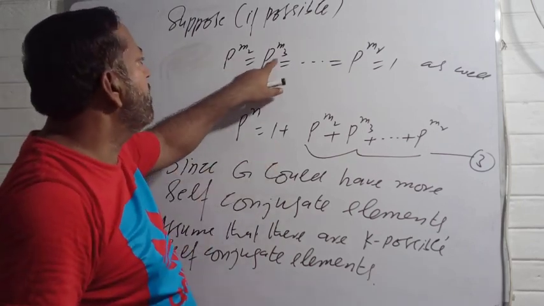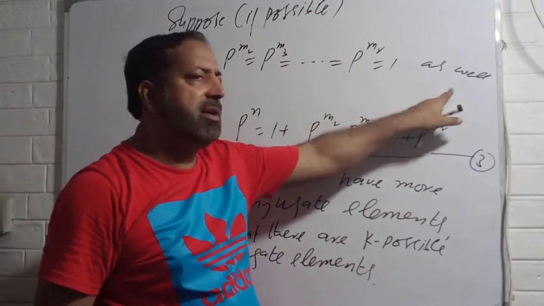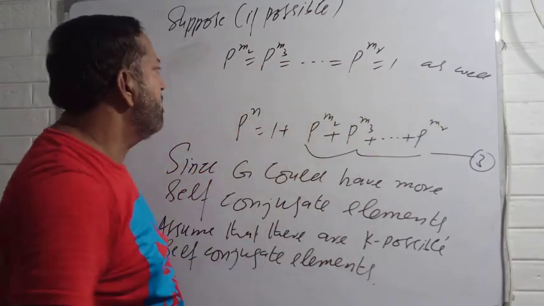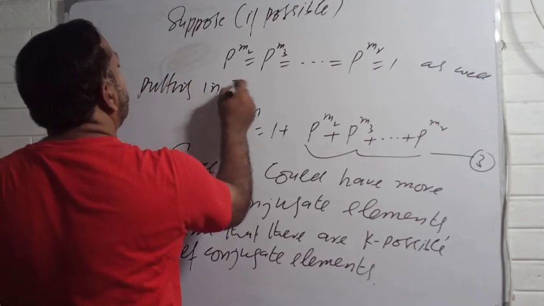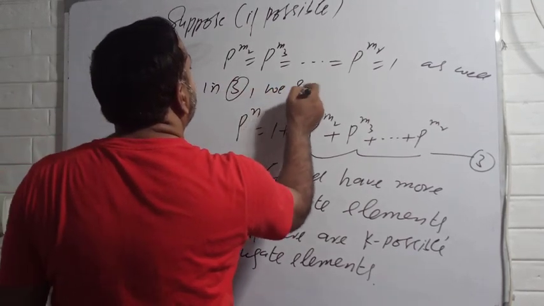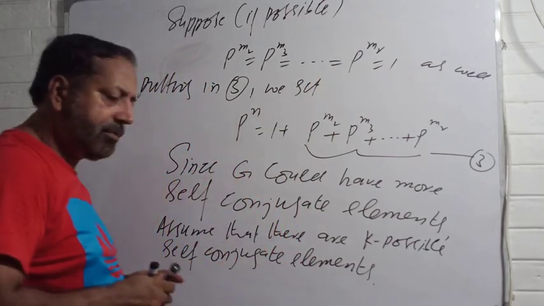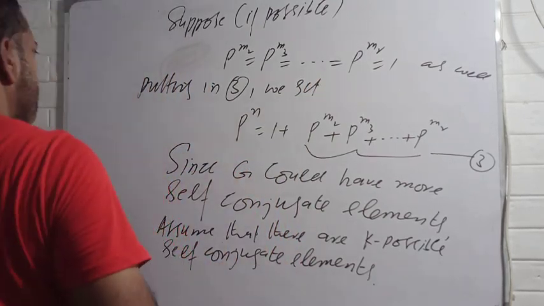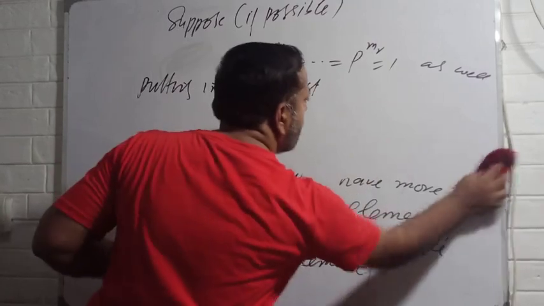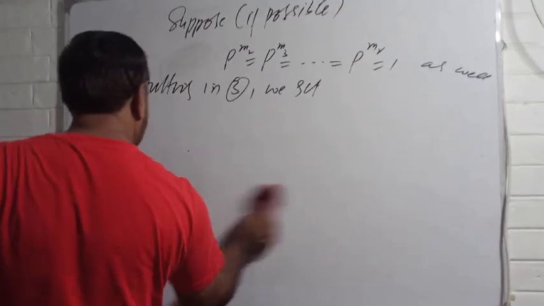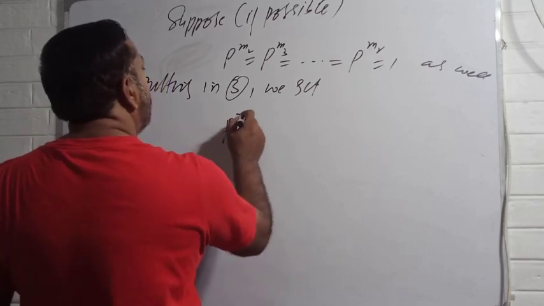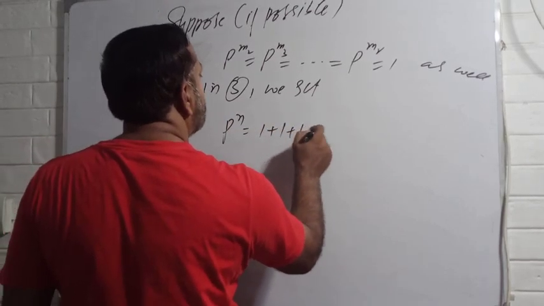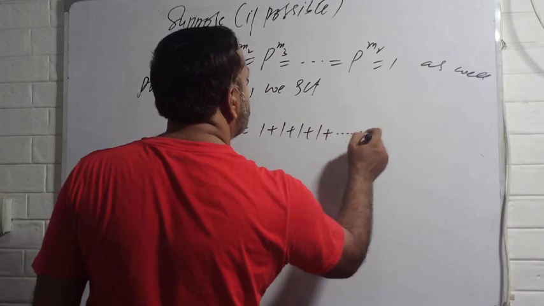So Pm2, Pm3, and so on up to Pmk are equal to 1 as well. Then equation 3 becomes, putting in 3, we get P power n is equal to 1 plus 1 plus 1 plus 1 plus so on plus 1.